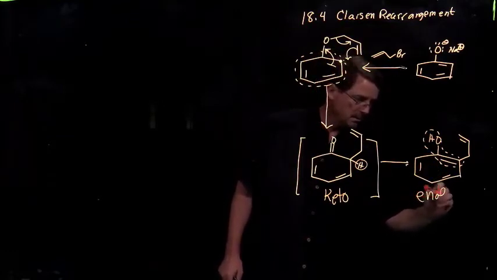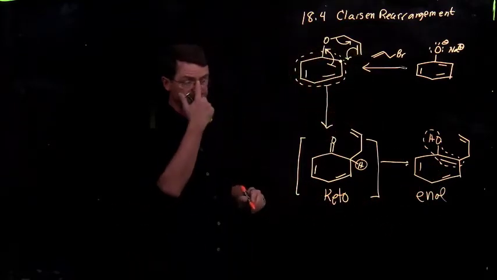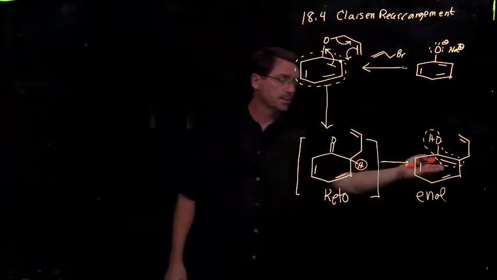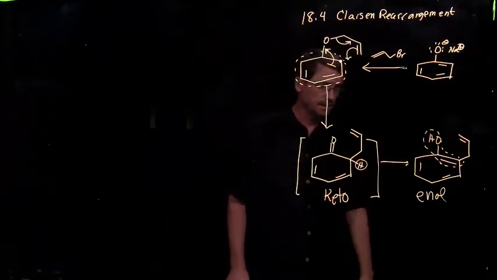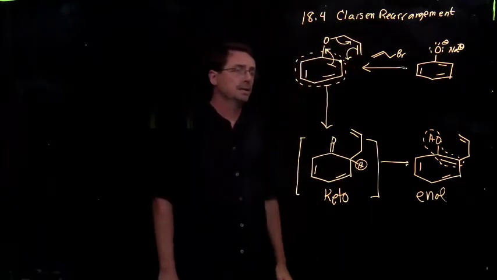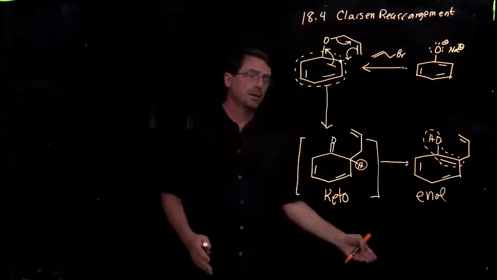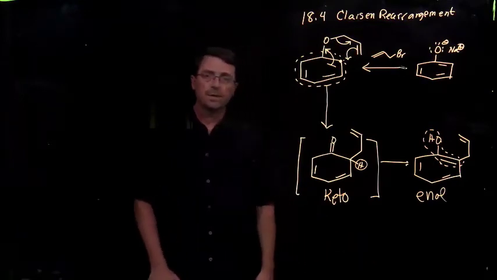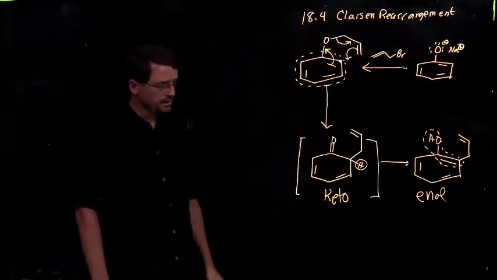So this is the enol form of this, and this is the product that we can isolate from the Claisen rearrangement. So again, this cyclic transition state that has aromatic character lowers the barrier and facilitates this process.